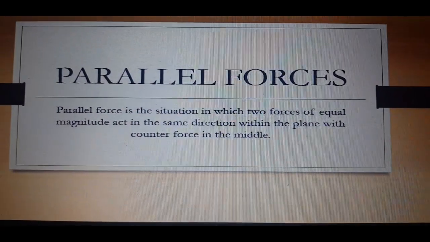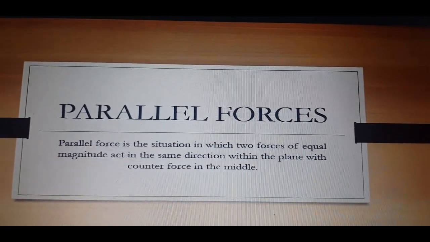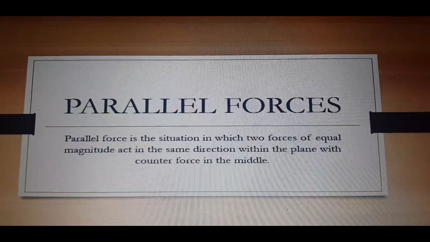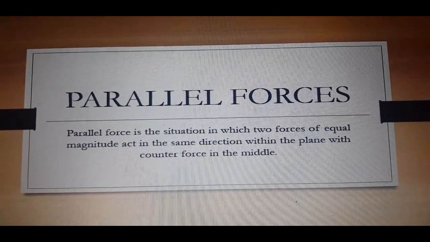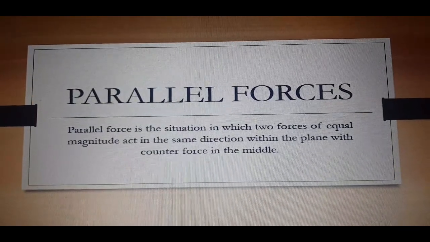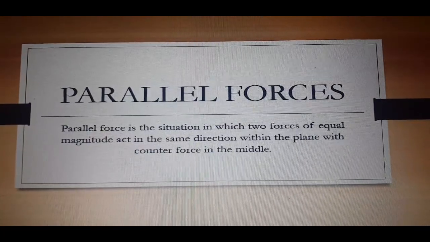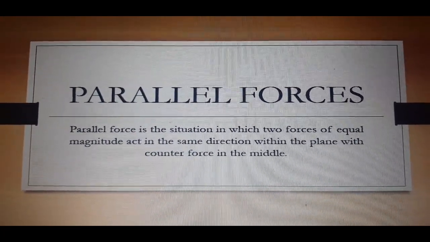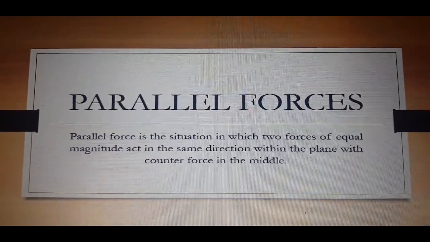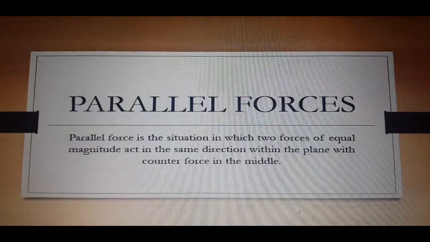Then parallel forces. Parallel equilibrium is a situation in which two forces of equal magnitude act in the same direction within a plane. From the word parallel, it is something that goes alongside or opposes an object. So let's see our plane.